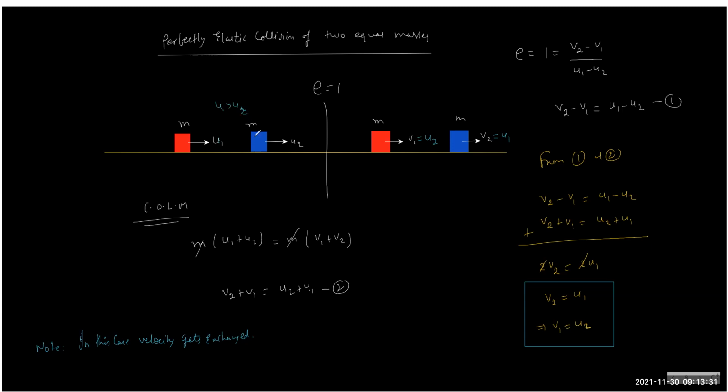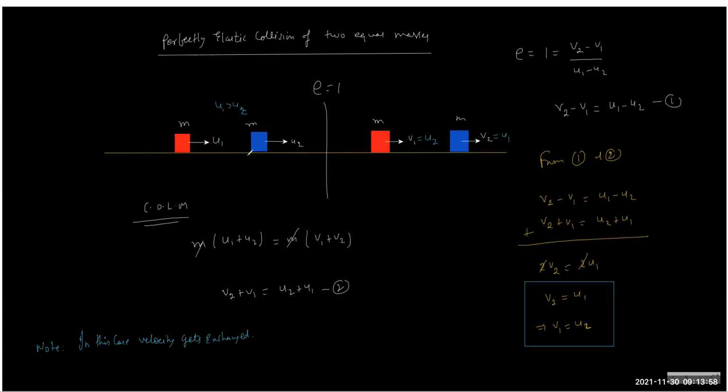And because one is more than two, U1 is going to hit U2. After hitting, you can imagine that it will just penetrate through and go ahead. Eventually U1 will lead and U2 will lag. They are like ghosts, they can go through each other.